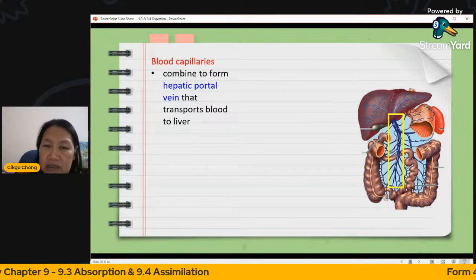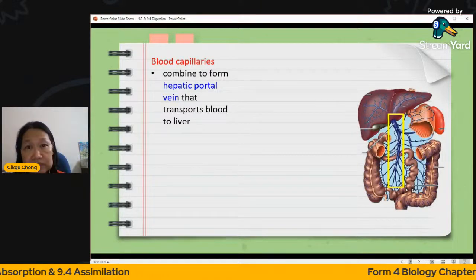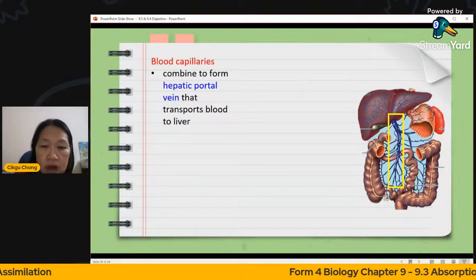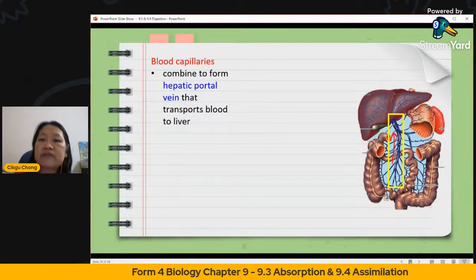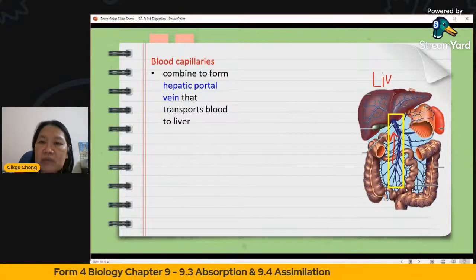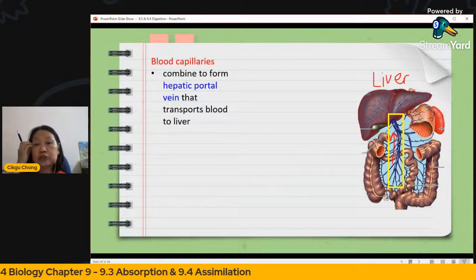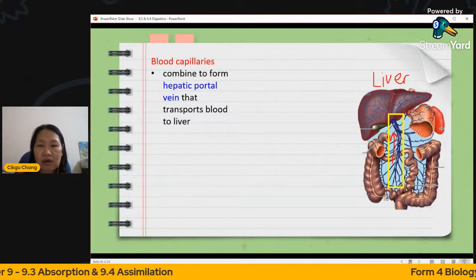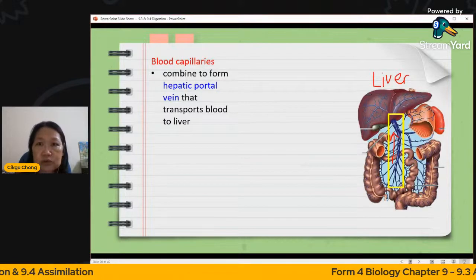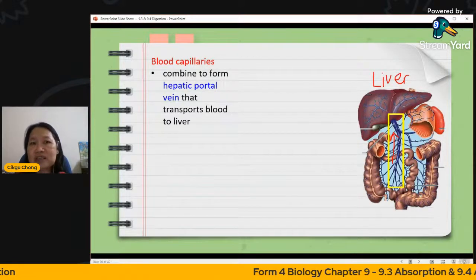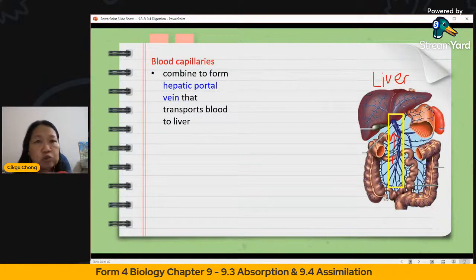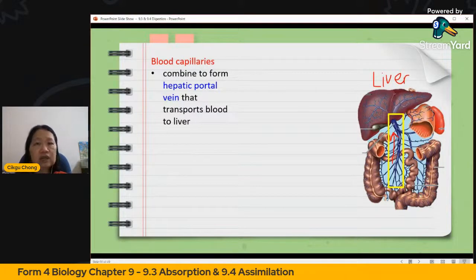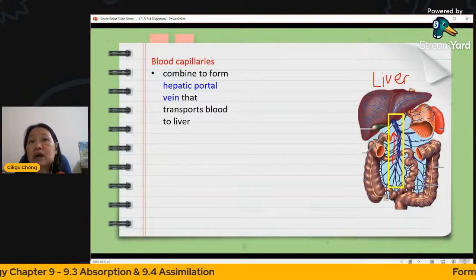It carries important substances, which is your food just absorbed, to go to a station. This station is your liver. So your liver is a very important station. It has to sort out what you need to do with the nutrient. Am I going to release it into the blood, or am I going to store it? If there's too much of it, the liver will store it. They're not going to release all of it into the blood.